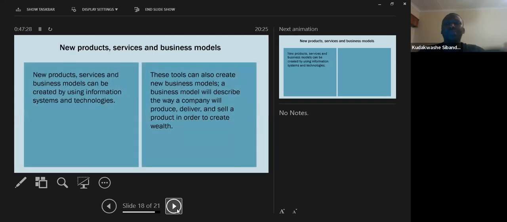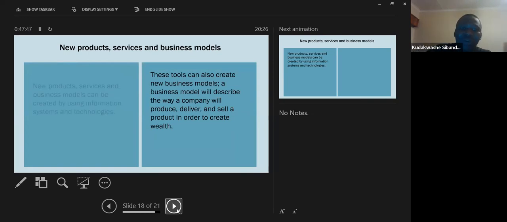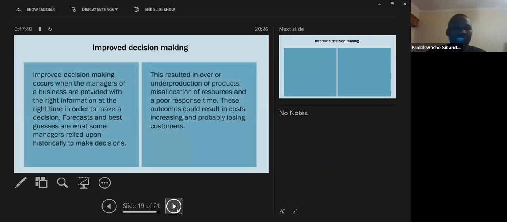Then when we're talking about new products, the product launch, right? They can be created using information systems and technologies. When you want to launch a product, information systems and technology will help you. So these tools can create business models, which will describe the way a company will produce, deliver, and sell the product in order to create wealth.